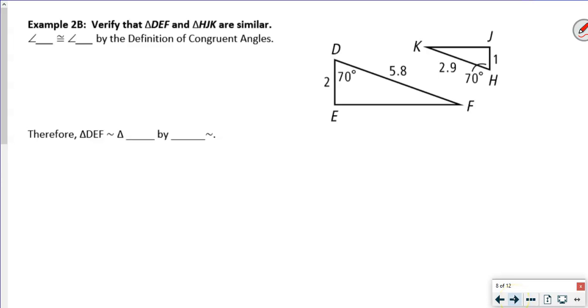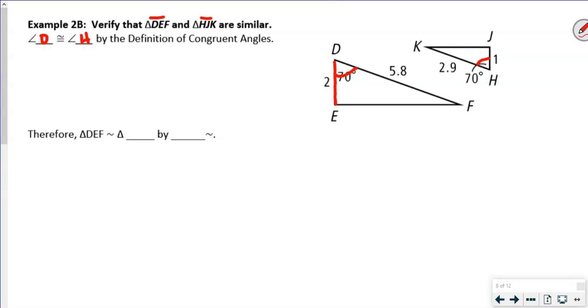All right, our other one, it says verify that the triangles DEF and HJK are similar. So do you notice that we have a pair of angles that are congruent? Right here. Angle, angle. So that's angle D is congruent with angle H, right? So now let's see if we have a pair of sides that are corresponding that have the same ratio. Okay, so we're gonna compare DE to HJ.